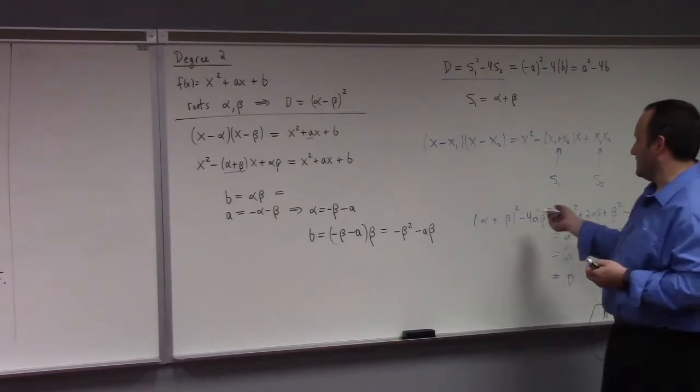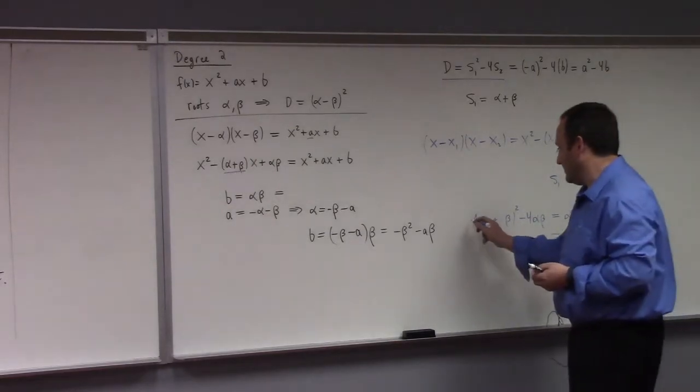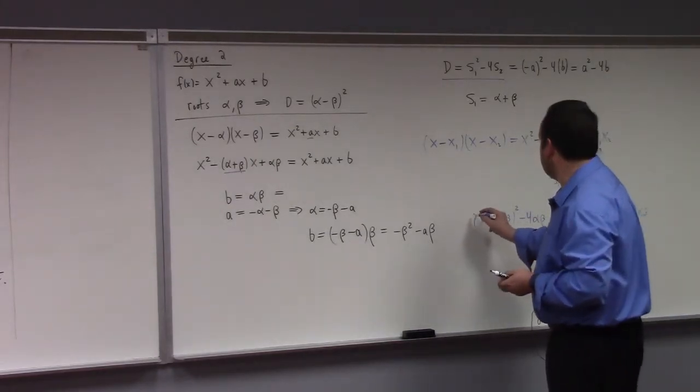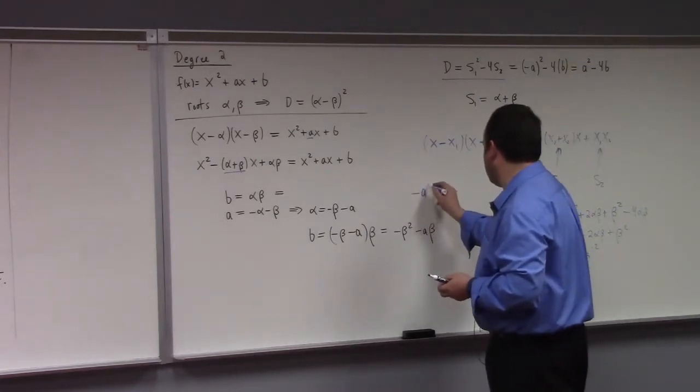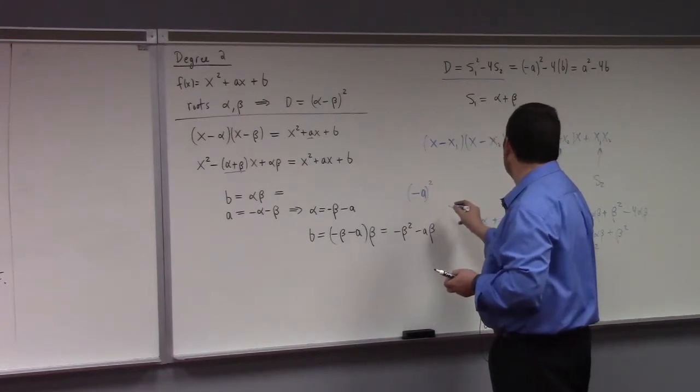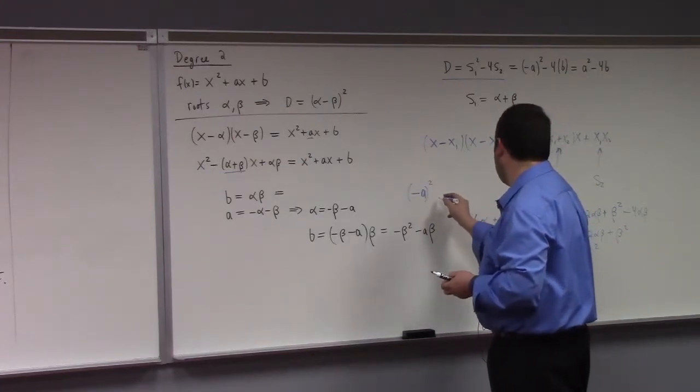But of course this is also equal to minus a quantity squared minus 4b, I guess.